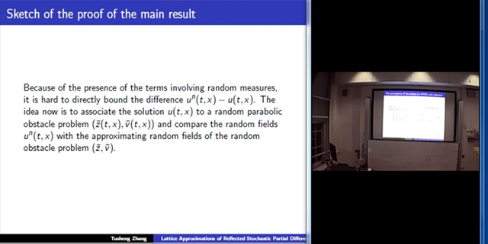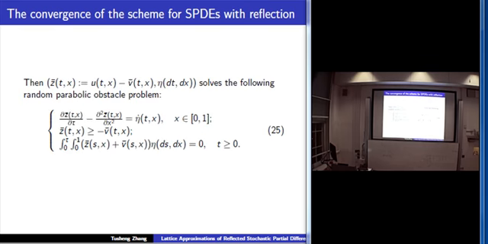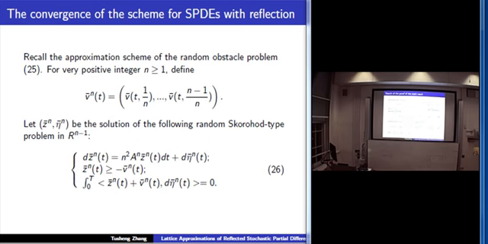So now I already introduced a scheme to discretize this random parabolic problem. Then you can imagine that if you can discretize this system, then you can discretize this Z bar, then we'll try to compare these two. Now the discretization as before, we discretize the barrier. So then this is a discretization scheme for the random parabolic obstacle problem.